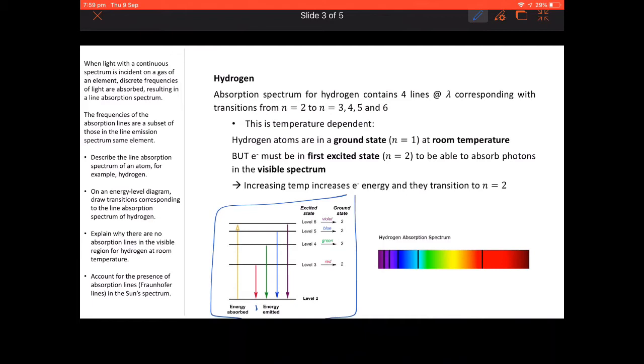This does contrast a little bit with what we were talking about on the previous slide with gases needing to be cooled. For hydrogen, this doesn't work because then you're not actually able to view the absorbed energy because it's not in the visible spectrum. So if the hydrogen gas was too cool, then lines wouldn't be absorbed in the visible region, and you'd just have a complete continuous spectrum, because the wavelengths that would be absorbed would be in the UV section.